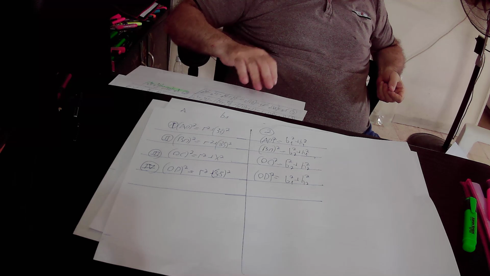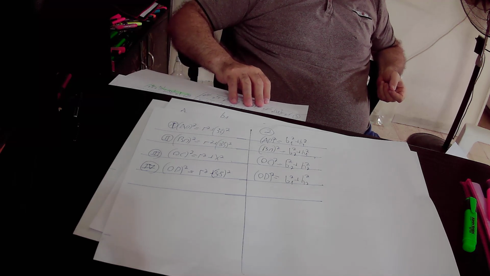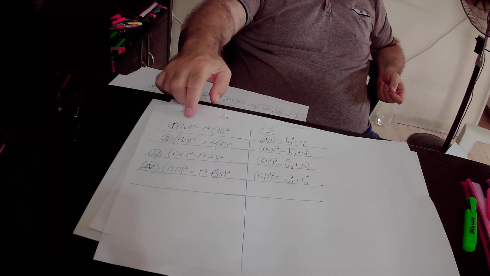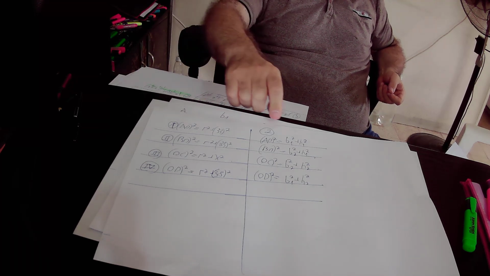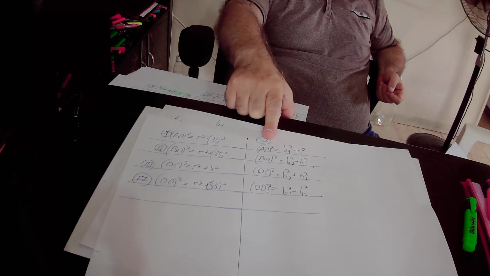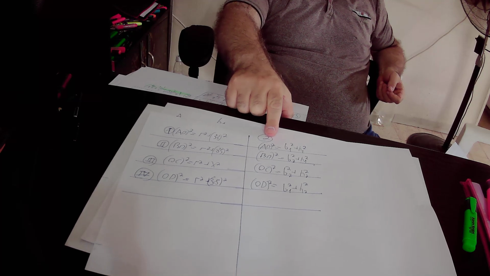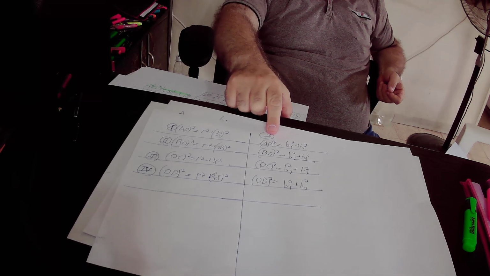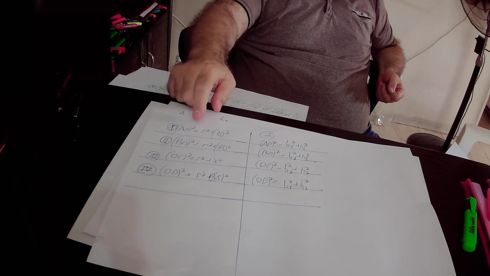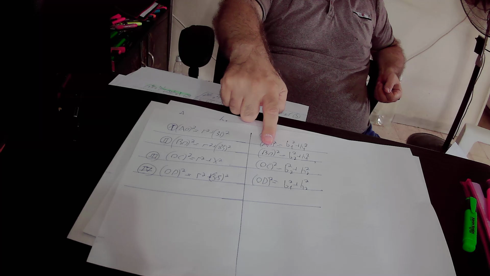Then we created another 4 equations. The first equation is AO square according to equation number 1 must be equal to AO square according to equation number 2. Then the second equation states that BO square according to equation number 1 must be equal to BO square according to equation number 2.